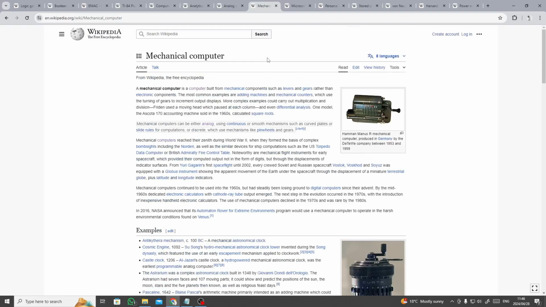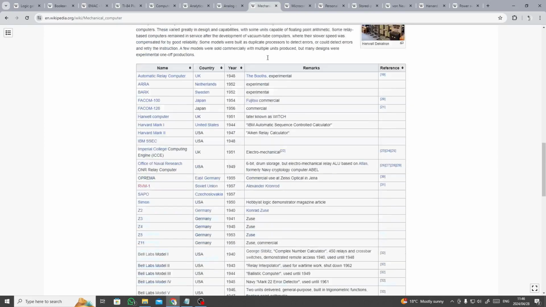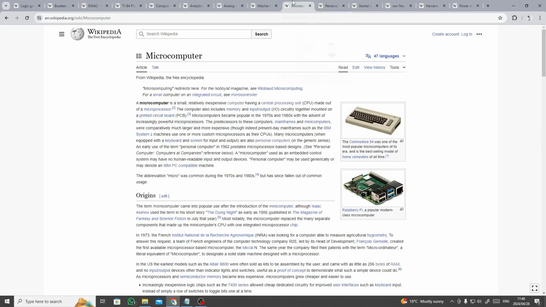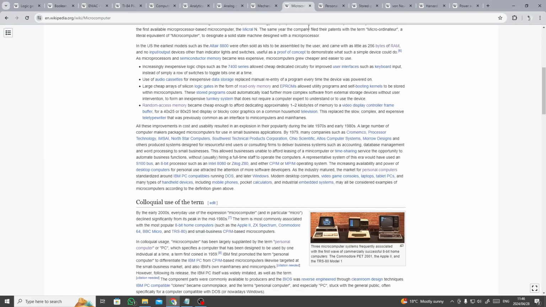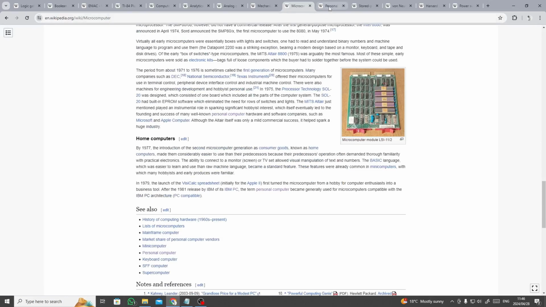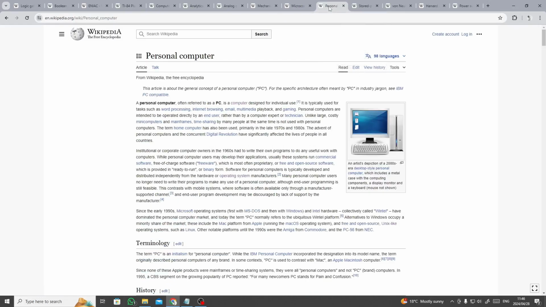Mechanical computer. A computer comprised of non-digital or no electronic components, for example, a gear mechanism or hydraulic switches.